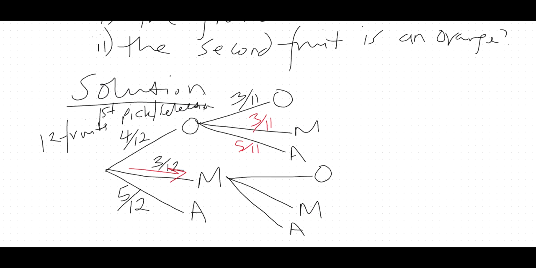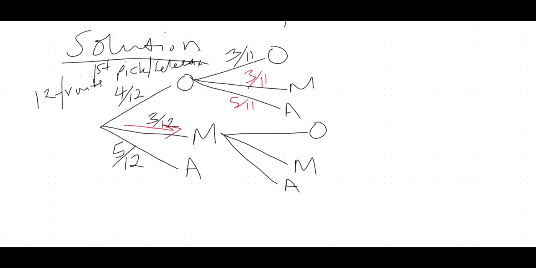Okay, and so you can see that if you pick the first fruit as a mango, you have not picked any orange yet. So your oranges are still 4, but since you picked one mango, your total number of fruits has reduced to 11.